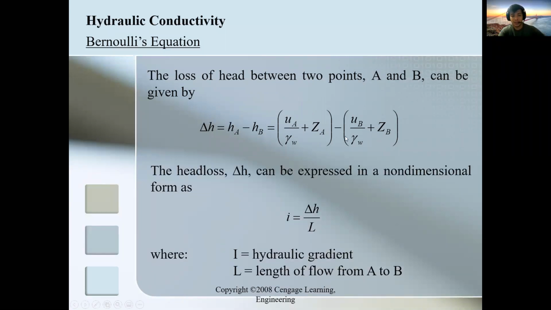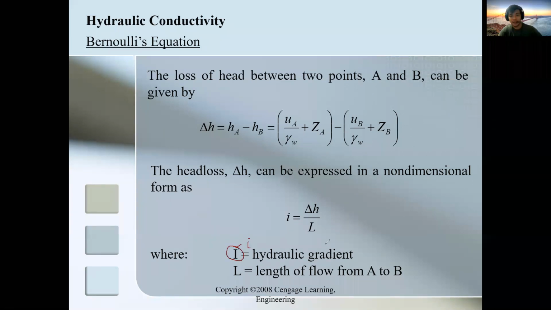Okay, so head loss delta H can be expressed in a non-dimensional form as i equals delta H all over L, wherein, sorry for this one, it should be small i.